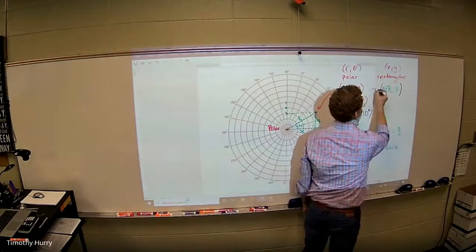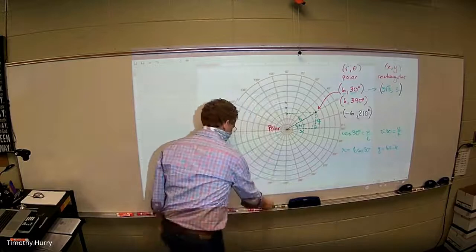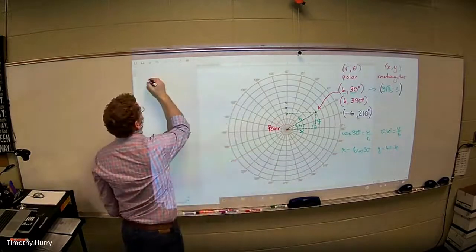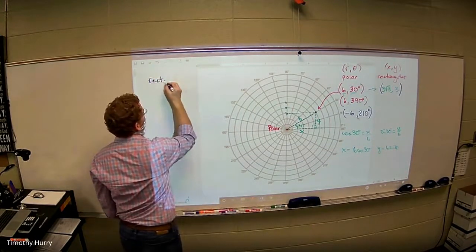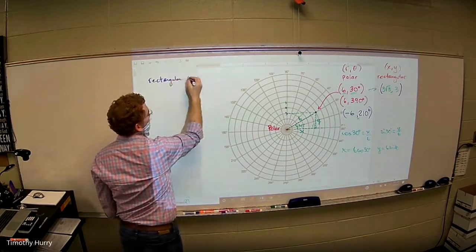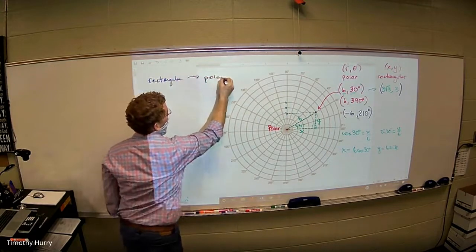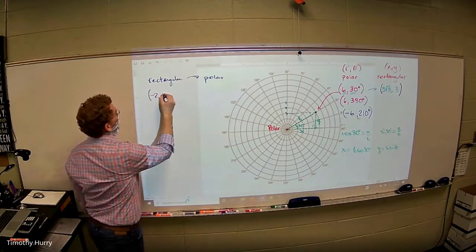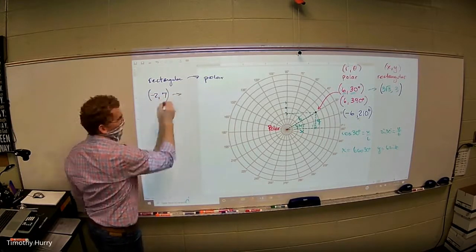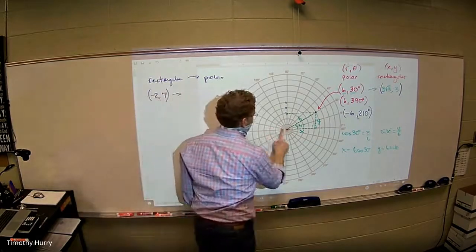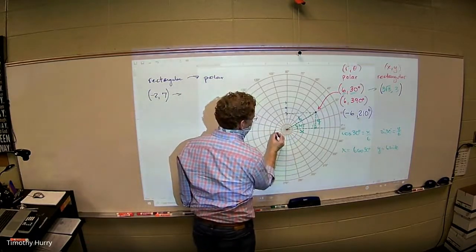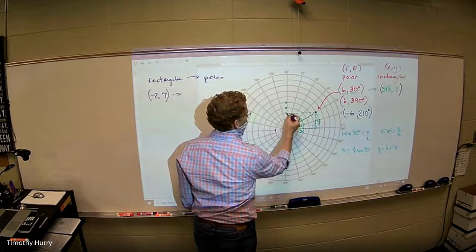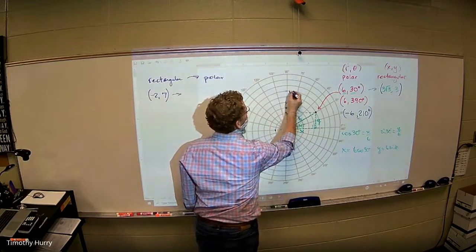Yes, no? So that's converting from polar to rectangular. Know this process. Now, what if I give you rectangular? Like, what if I say, all right, now you've got a rectangular point, and I want to go from rectangular to polar. So what if I gave you, say, -2, 7? So -2 would be left 2. That part's the same. 1, 2, 3, 4, 5, 6, 7 is up here somewhere.